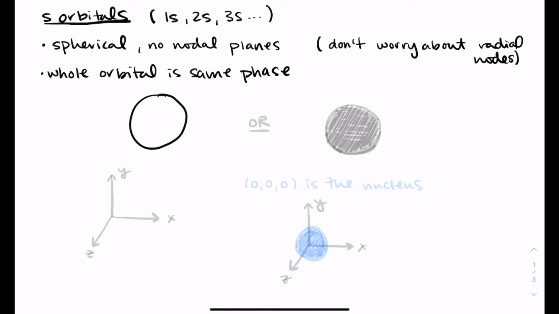So you can draw it as a circle. And your other option is to draw it as a circle and then shade it in. So the way that we will represent phase is that it is either shaded or unshaded. And it's not that one means positive and the other one means negative. It just means one is the opposite of the other. That's all that it is. So shaded is the opposite phase of unshaded.